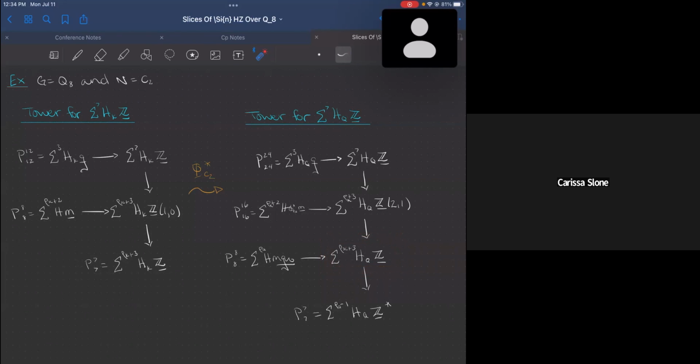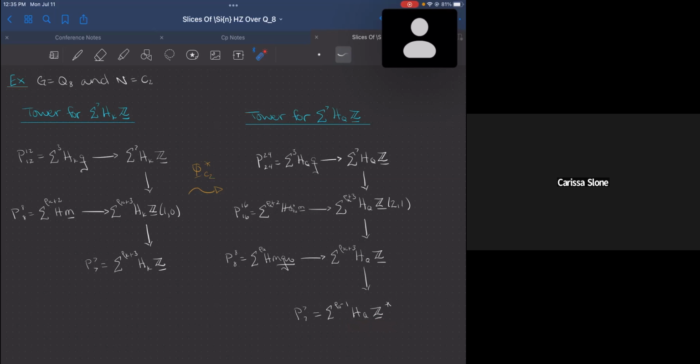So now we have to play this game again where we find out the slices of this spectrum. And it turns out that it has an 8 slice, the row Q suspension of HMGW, and a 7 slice, which is the row Q minus 1 suspension of HQZ dual.